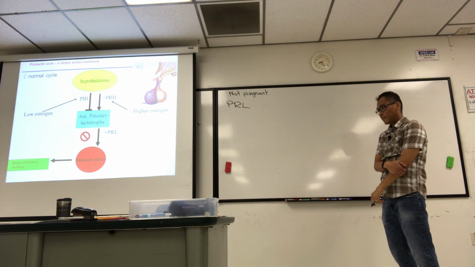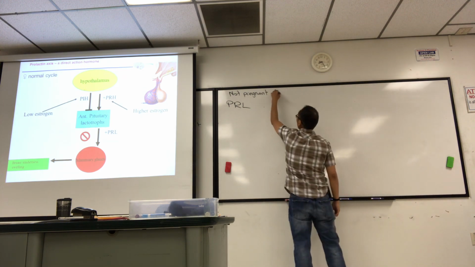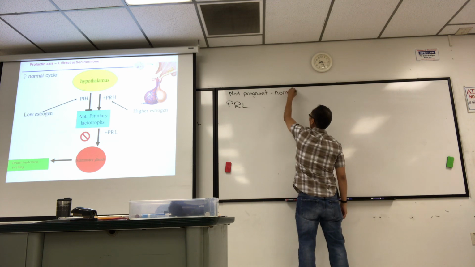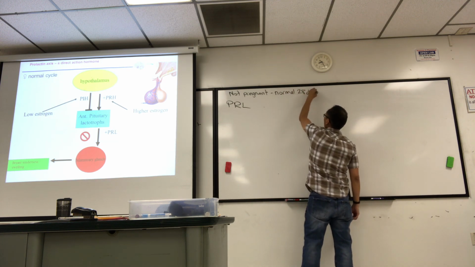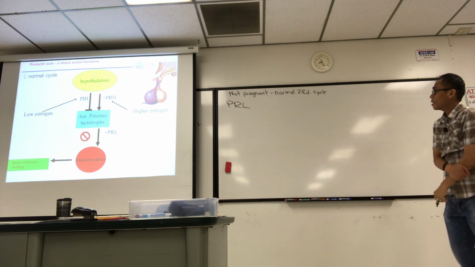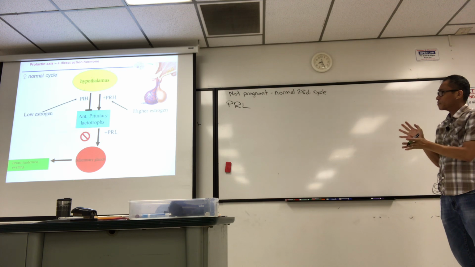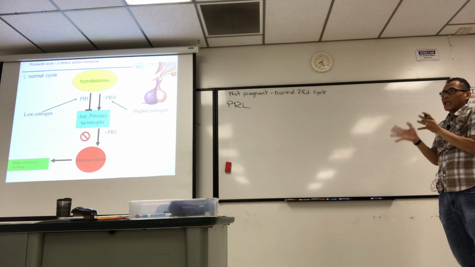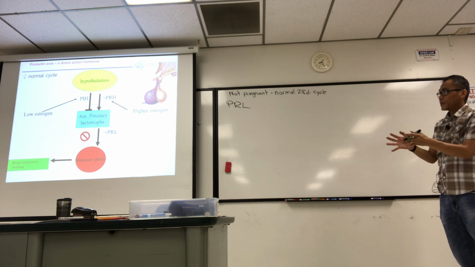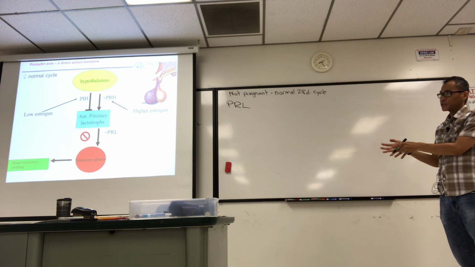If you're not pregnant, the female will cycle through a normal 28-day cycle, on average. I'll go over the details of that in the next unit, repro, but simply put, think of it as 14 and 14. There's the first couple of weeks where estrogen is higher and then the second couple of weeks where estrogen is lower.